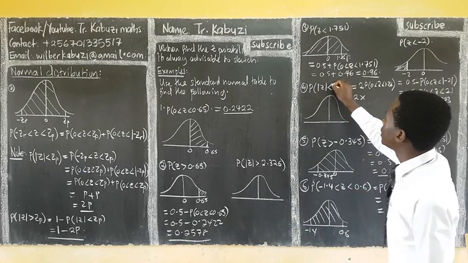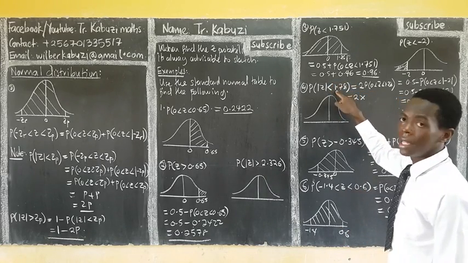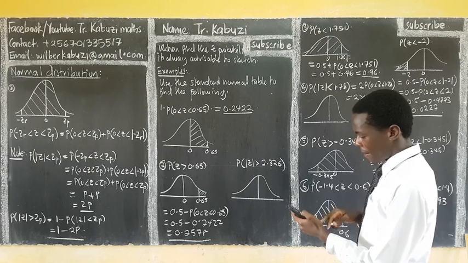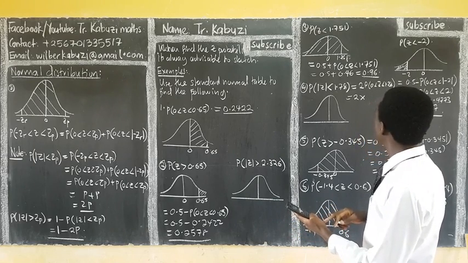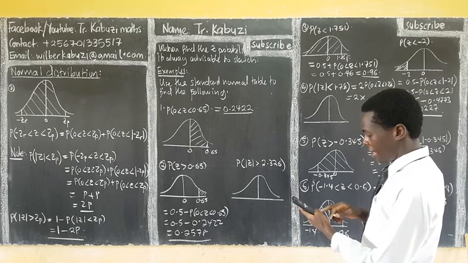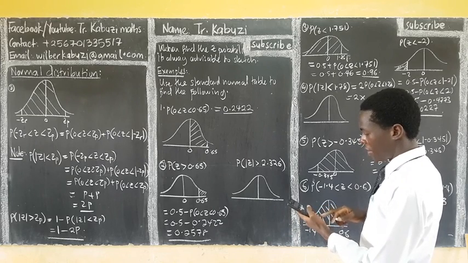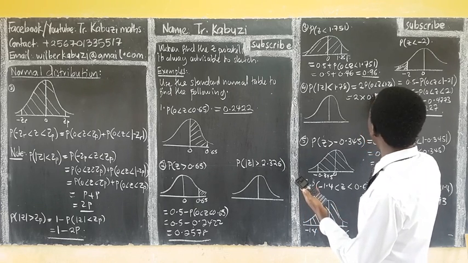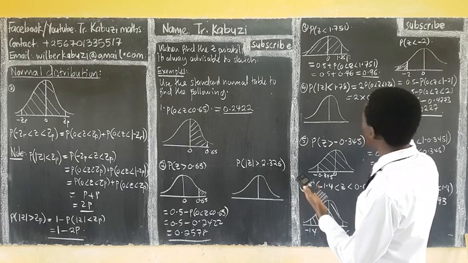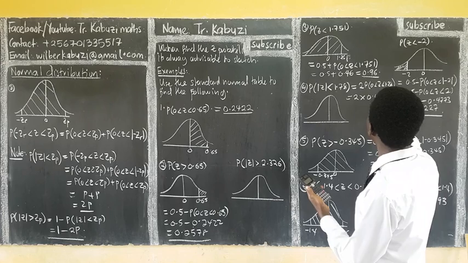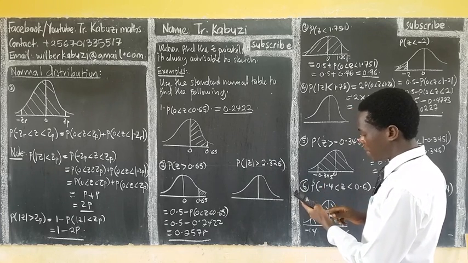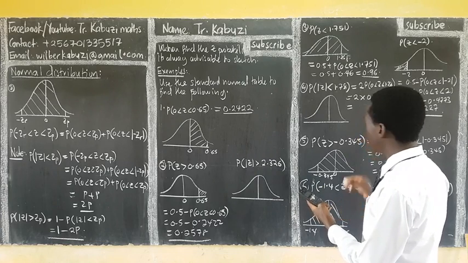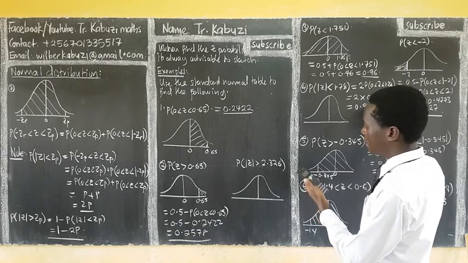When it's less, you just get 2 times the z value of this, which will give me there. I'm getting 1.78. Then I press equals, it will be 0.4625. When I multiply by 2, I get 0.925.